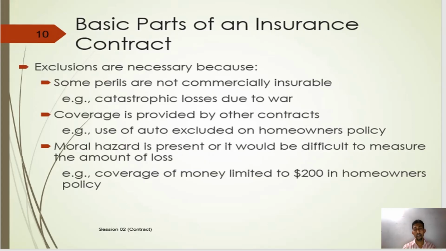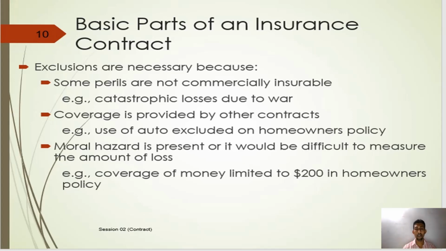Also, we see more and more exclusion policies, and it's important to understand the rationale behind them. Some of the main rationales of exclusions are, we know that some risks, perils cannot be insured.